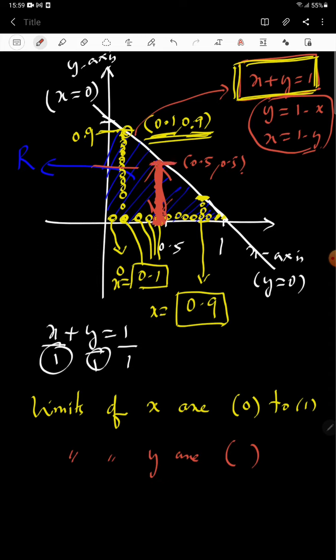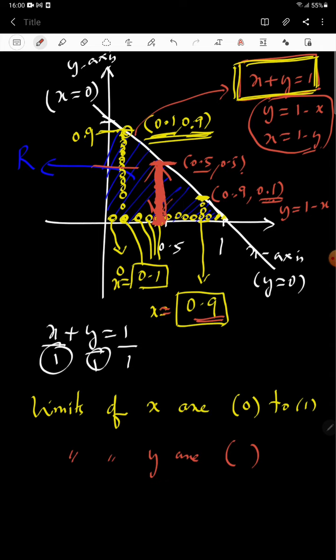So when x is 0.9, y is 0.1. This 0.1 is nothing but 1 minus 0.9. The total of these two is 1. So what should the y value be? y should be equal to 1 minus x.